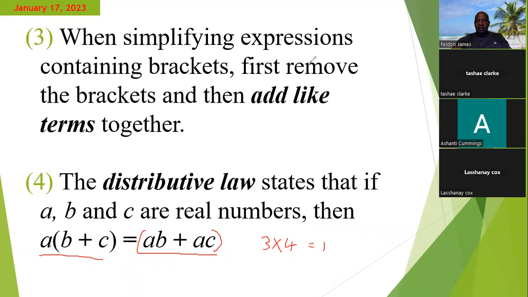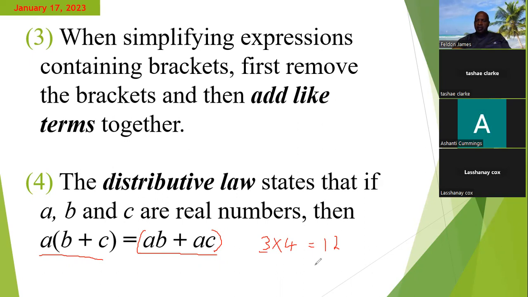All right. Now, the result here that we get would be 12, which is a single value. So these are the factors, 3 and 4, they are factors. So factor times factor gives you product.